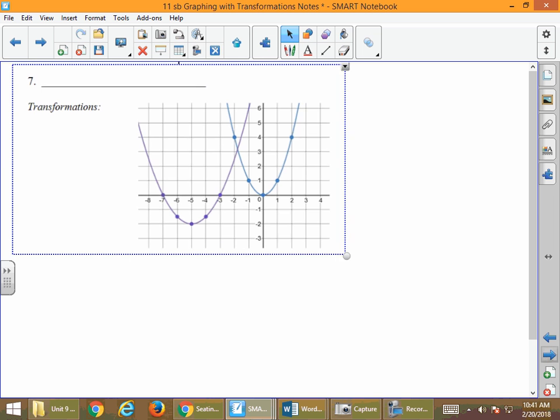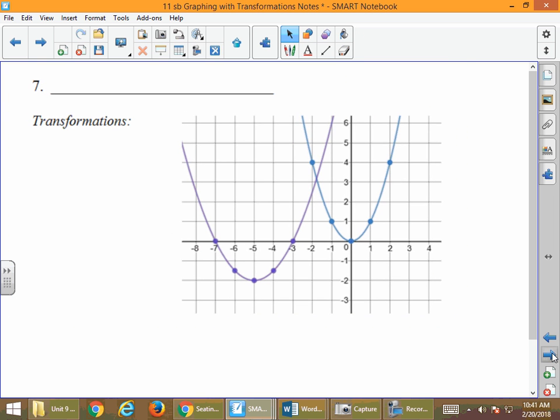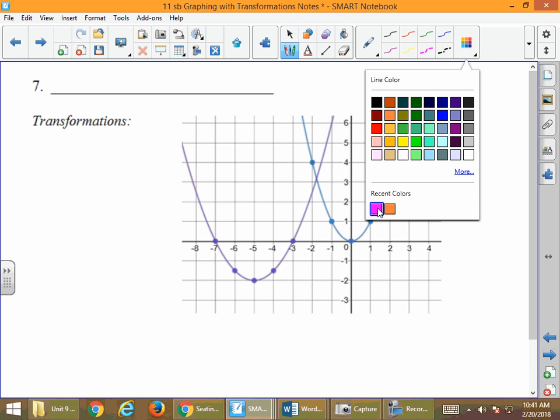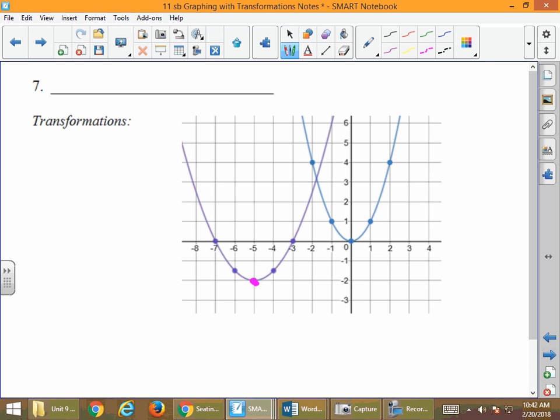Same idea. Our parent function has the vertex at 0, 0, so we're looking at the other graph. In this particular case, there's our turning point. Turning point also known as the vertex, and it's -5, -2. And what that also tells us is that we went left 5, and we went down 2.